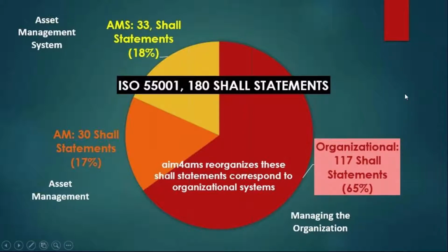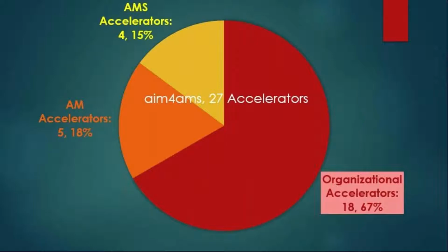And then the orange slice is the asset management part, and there's 30 shall statements around that. So again, things you're probably already doing, having an asset registry, having people involved in asset management doing the support, and some understanding of how you manage your assets, but often typically in a siloed way.